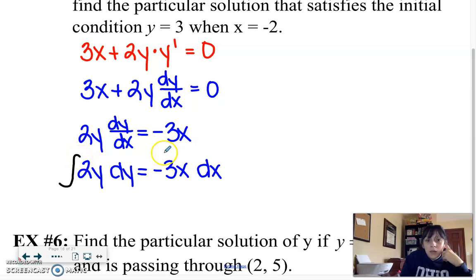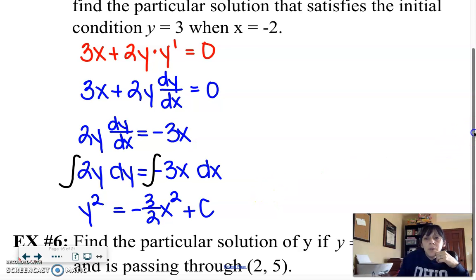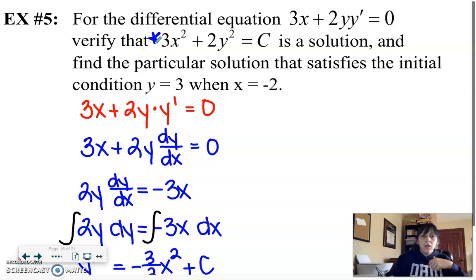Now let's antiderive. This would be 2y squared over 2, so it would just be y squared. And then negative, let's see, x squared over 2, so it would be negative 3 over 2 x squared plus c. Okay, looking good. This is supposed to be the same as this equation if we're verifying.